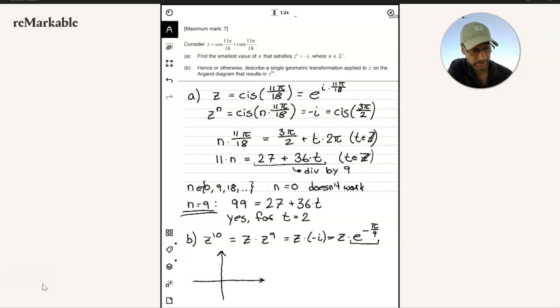Our set has an angle of 11 pi over 18. If we want to draw it nicely, that's a little bit bigger than pi over 2. So set lies somewhere up here, at a distance of 1 from the origin, because it has a modulus of 1. Then when you add the angle of minus i, you are rotating.